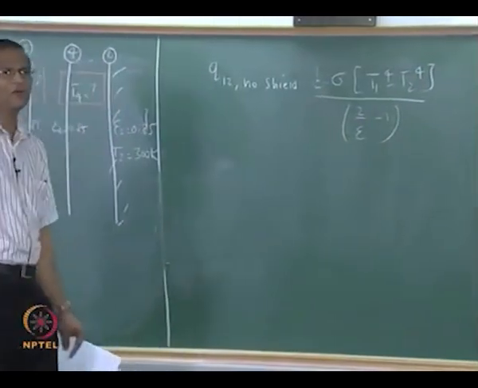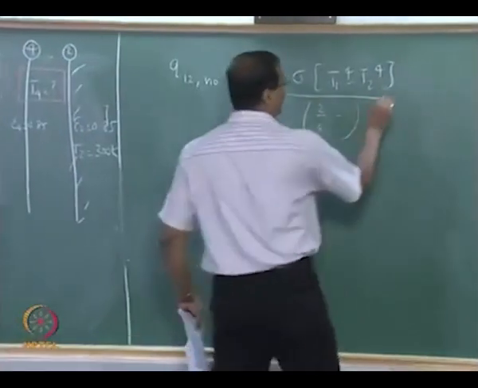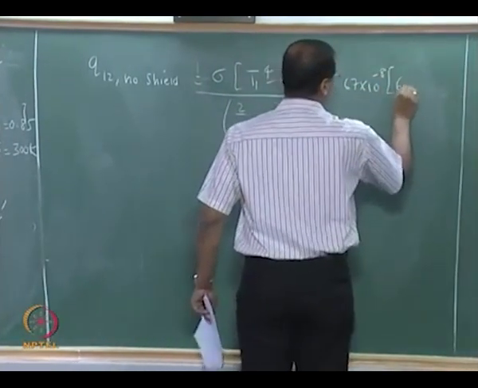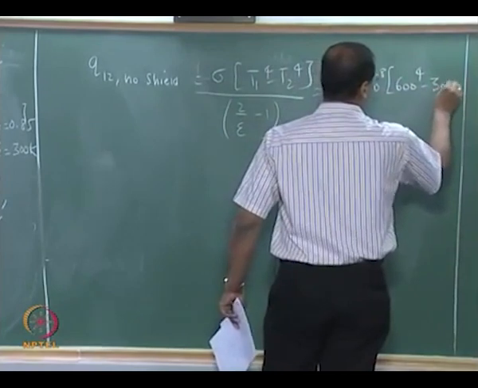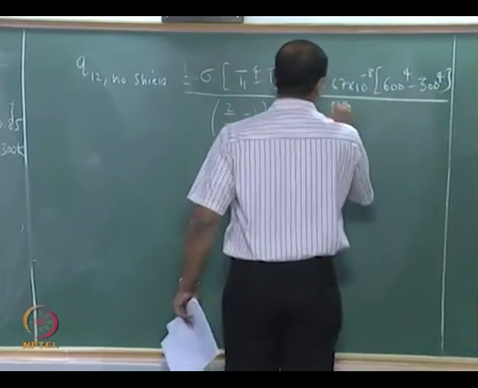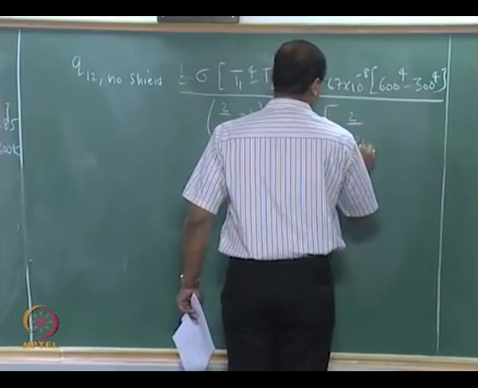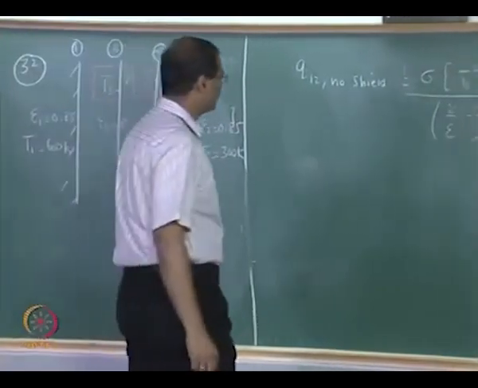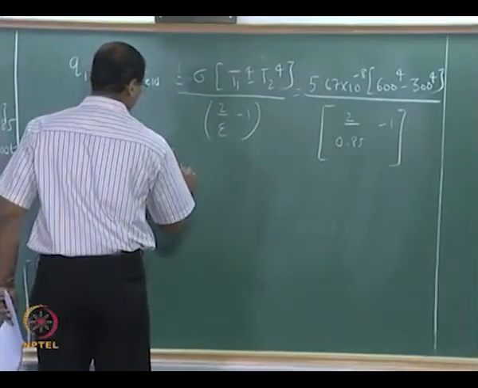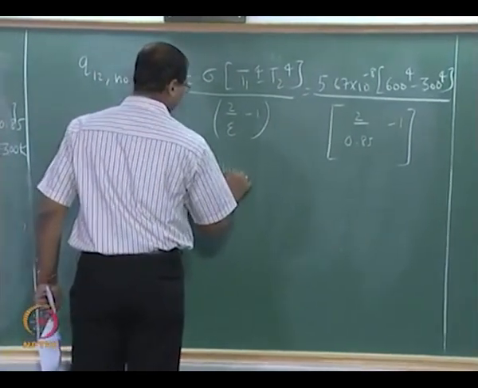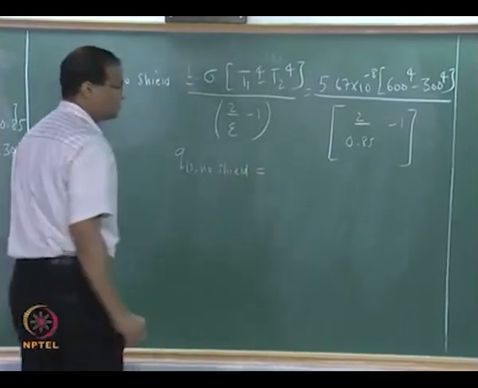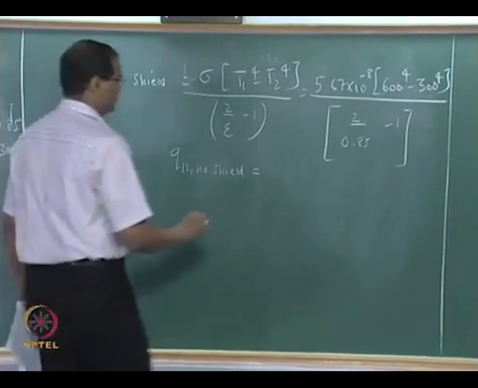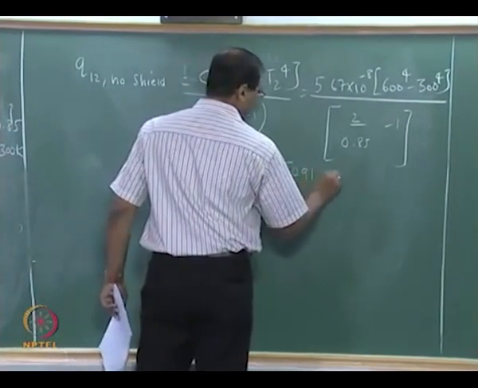Okay. First we will write the Q12 no shield. Five thousand 91.9. What are the units?